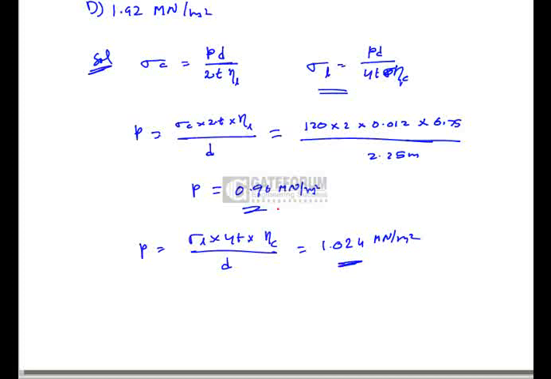But if you use 1.024, definitely the circumferential stress induced in the cylinder will cross the limited value, that is 120. So we will have to use the lower pressure, that is 0.96 meganewton per meter square, and the right answer is 0.96 meganewton per meter square. In the options, the correct option is A. A is the right answer.